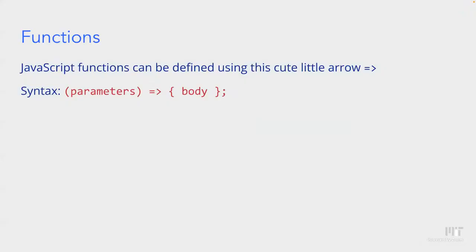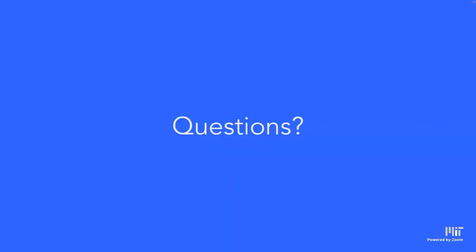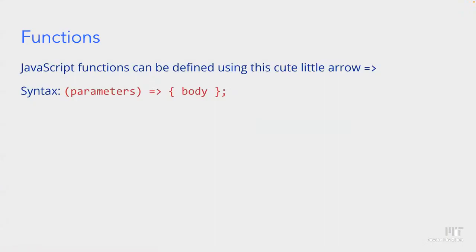Okay. Does anyone else have any questions? Okay, now we'll talk about functions. So that was a good lead. How we define functions is using the equals and then this arrow thing.